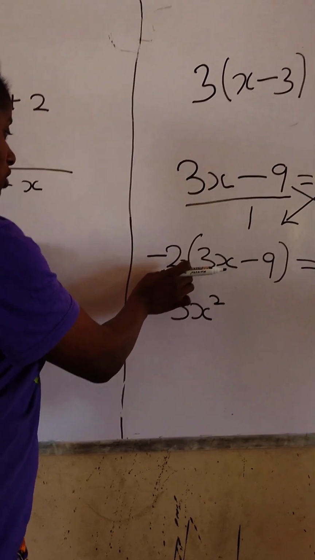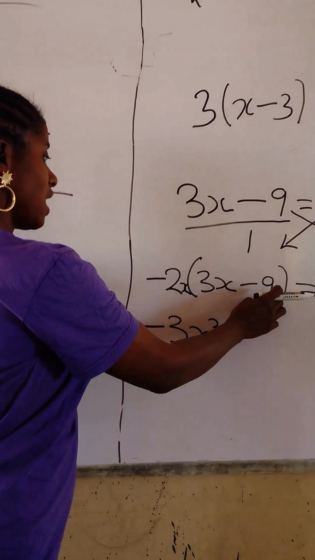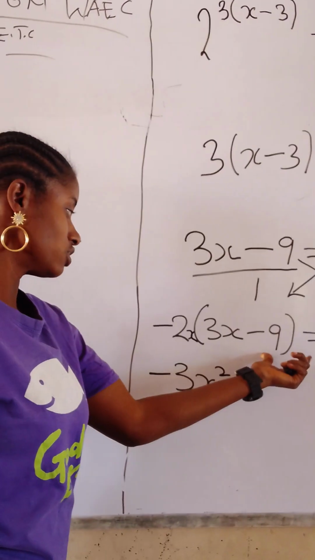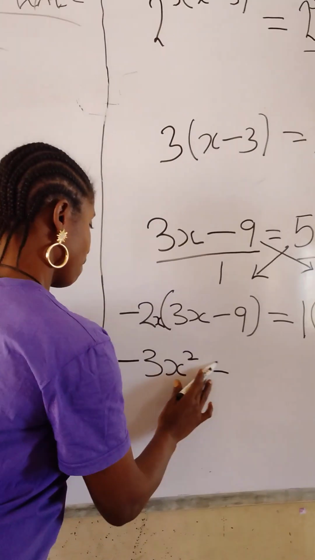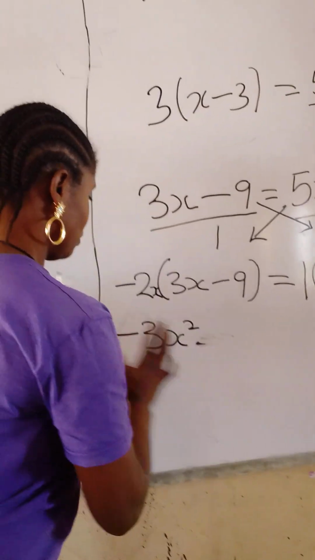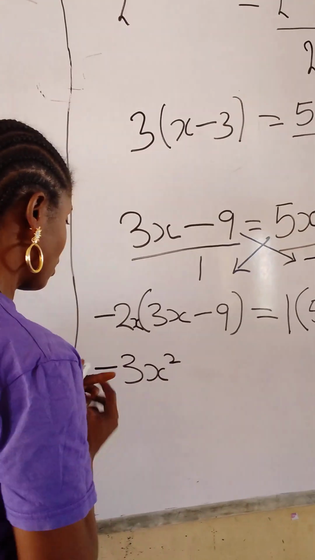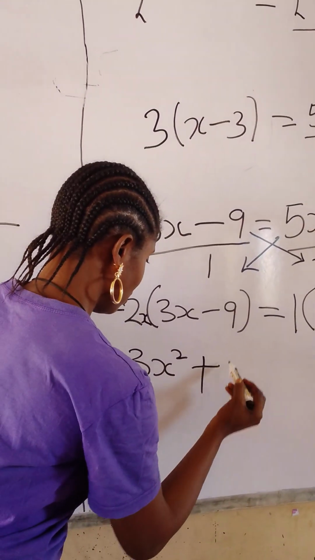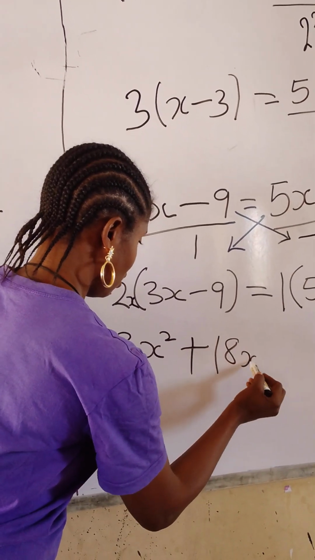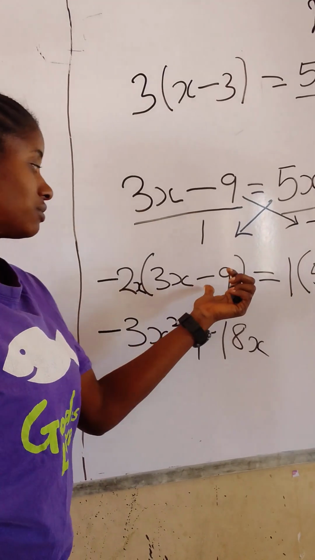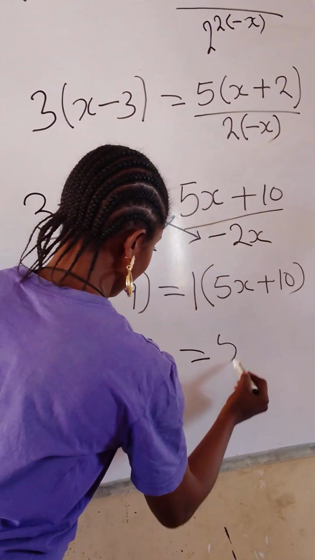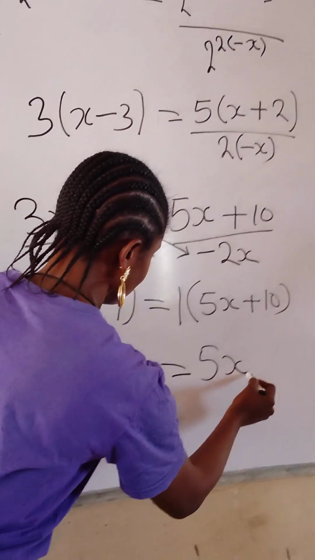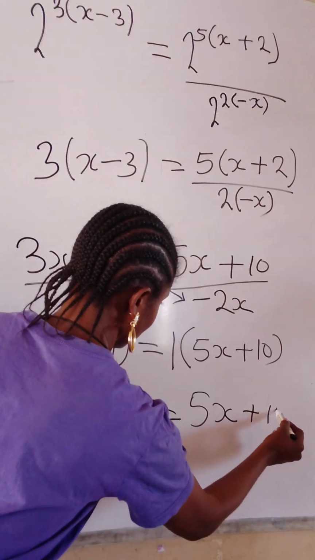Minus 2x times minus 9 is going to give us plus 18x, because minus times minus is plus, is equal to 5x plus 10.